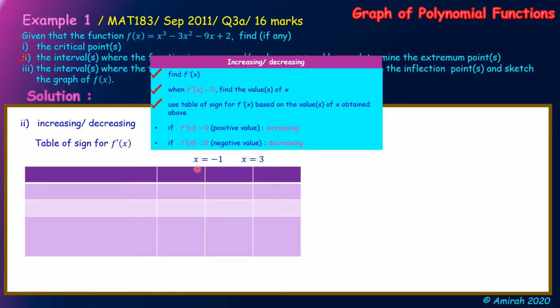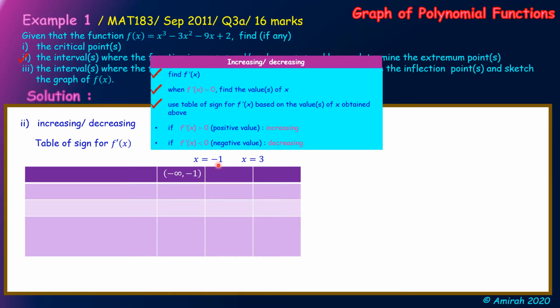We have two values of x obtained when we set f'(x) equal to 0: x equals negative 1 and x equals 3. Inside this column, we write the open interval from negative infinity to negative 1, meaning on the left side of x equals negative 1.